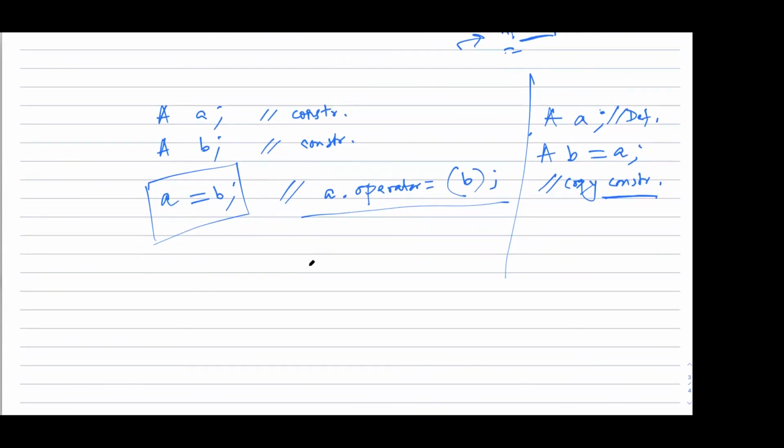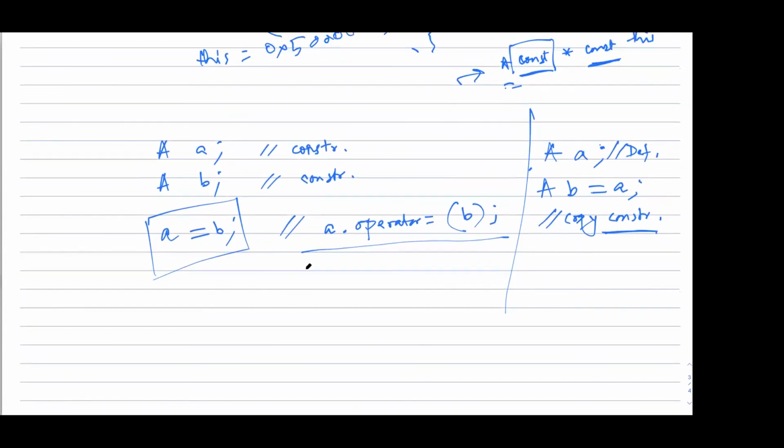Whereas for the one on the left, this is invoking the default constructor, this is invoking the default constructor, and this is invoking the assignment operator. But when you have A, then B equal to, you're constructing something by putting an equal to, which means you're constructing through copy.